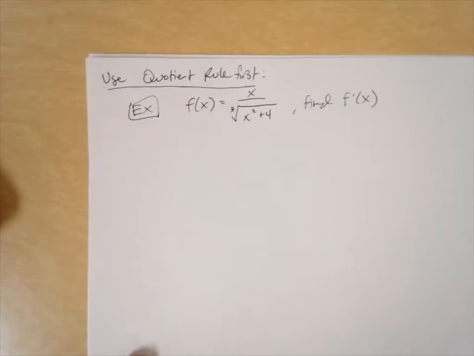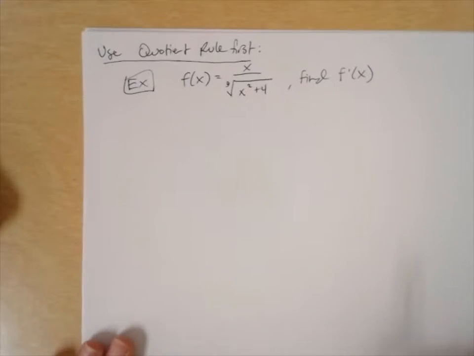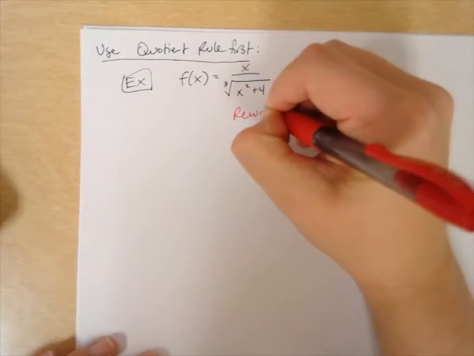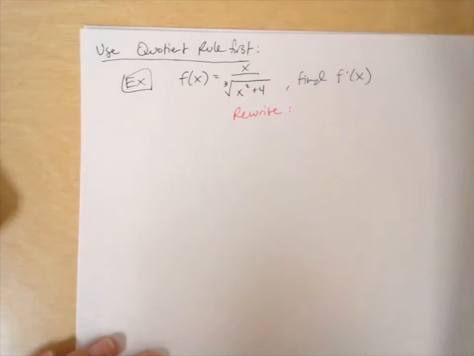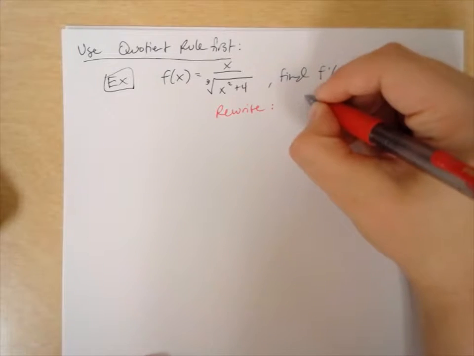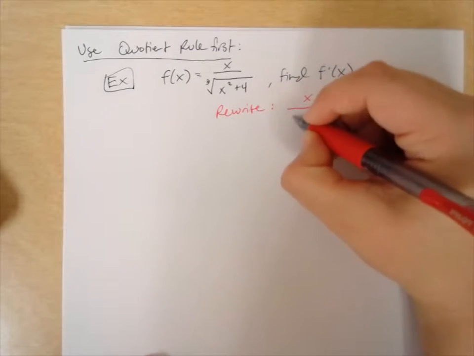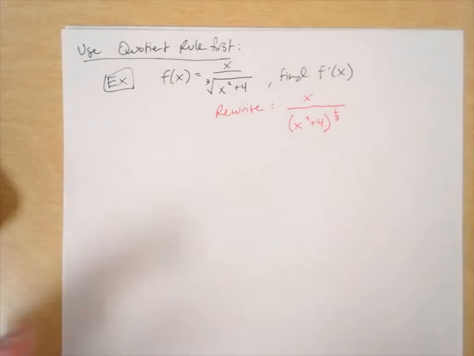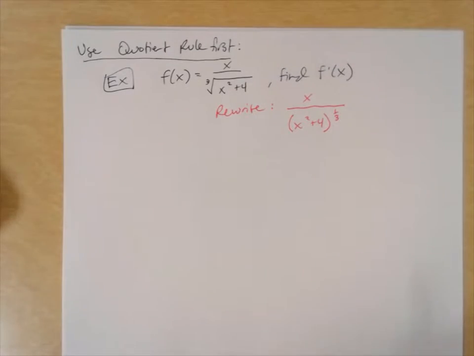Well, again, just like we talked about, a key thing here is to rewrite your function. And we're going to rewrite this as x over x squared plus 4 to the 1/3. You can see there's a pattern to my rewriting.